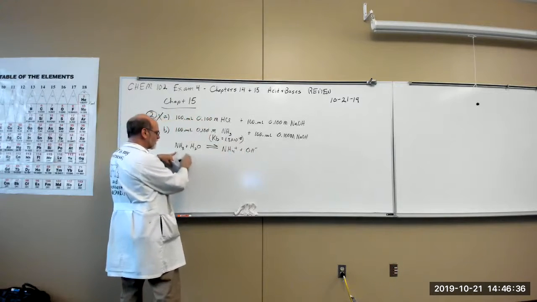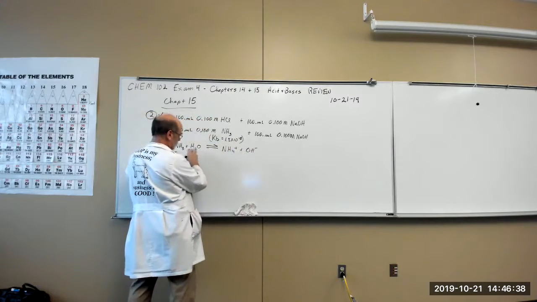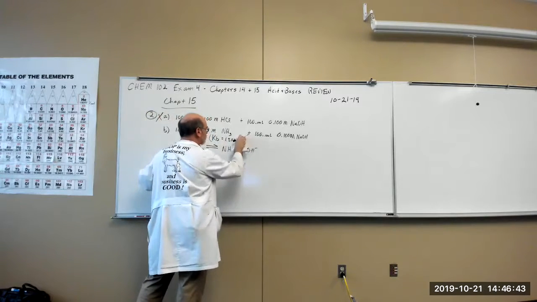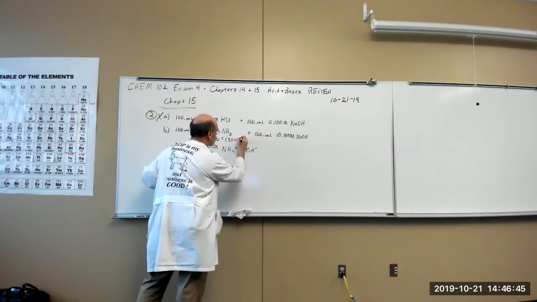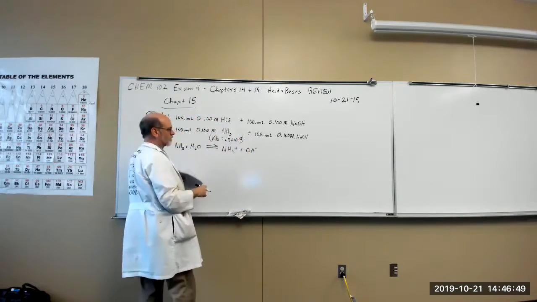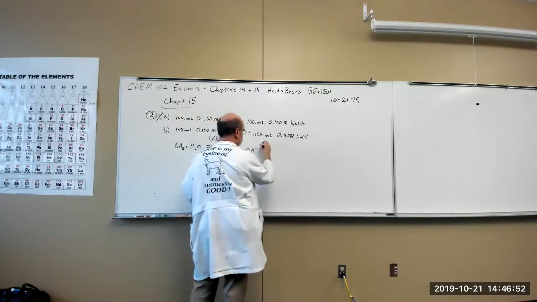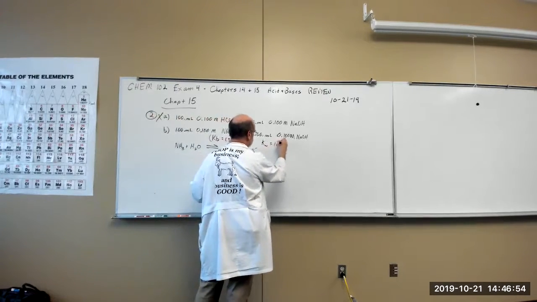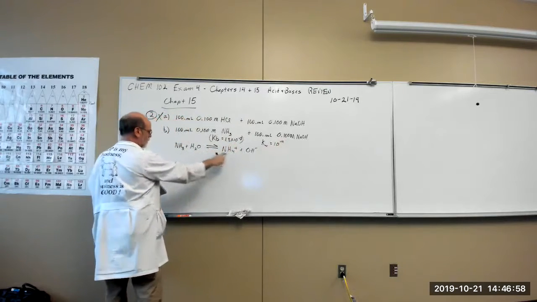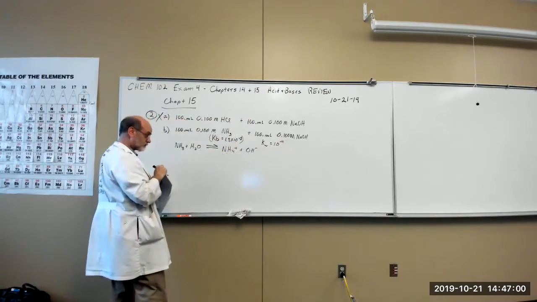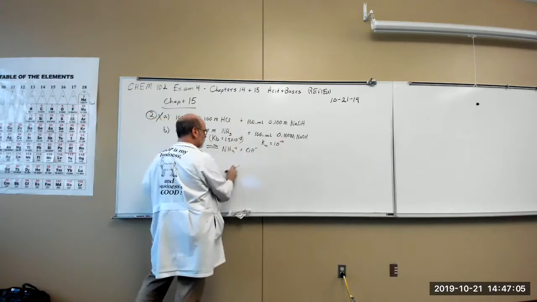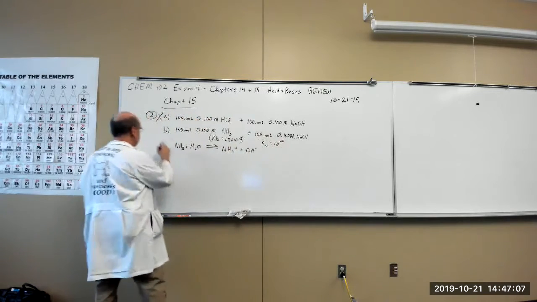So if it's already basic, and it will be basic because 10 to the minus 5, 10 to the minus 5 is as opposed to what other reaction in water? Kw, 10 to the minus 14. So this reaction is going to control that one right there. So that means it's already producing some hydroxyls and you're going to add more hydroxyls. That can't be a buffer.